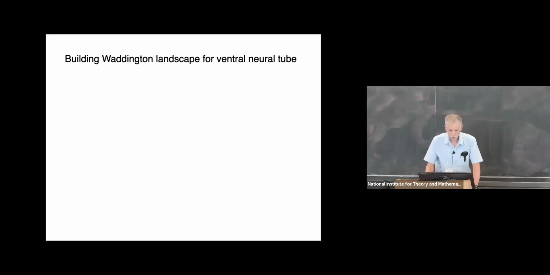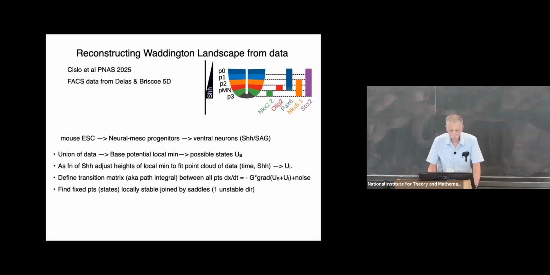Okay, so let's talk about two applications of these ideas that I will elaborate a bit on to see whether they're actually useful for dealing with biological data. The first application was published in PNAS a year ago, of which Dylan Sislow, who is here, is sitting somewhere in the back if he's not out paddleboarding.